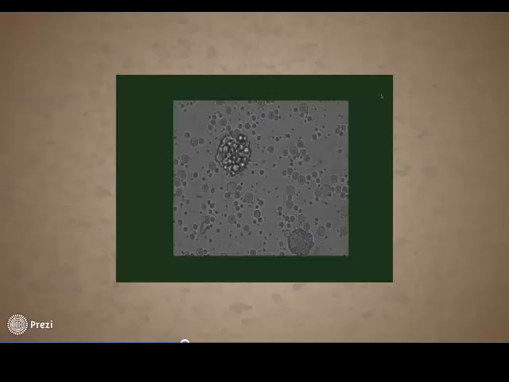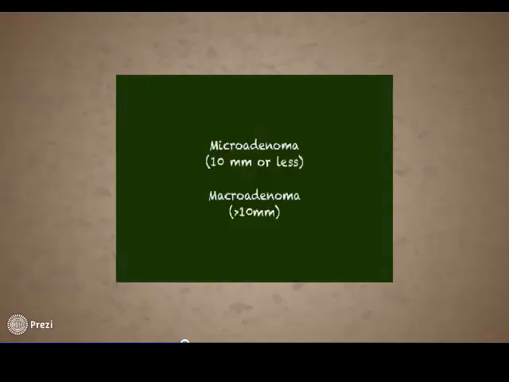What causes elevated prolactin? Prolactin is produced by the lactotrophs in the anterior pituitary, and the most common cause is a prolactin-secreting adenoma. As shown here, a microadenoma is defined as a tumor that is 10 millimeters or less, while a macroadenoma is greater than 10 millimeters in size.